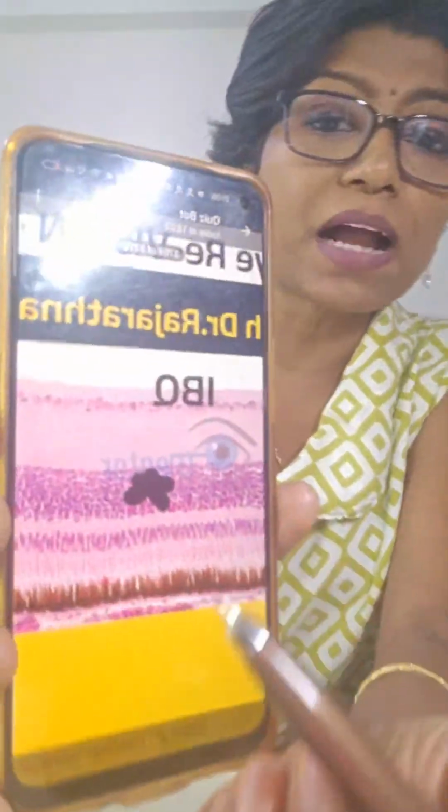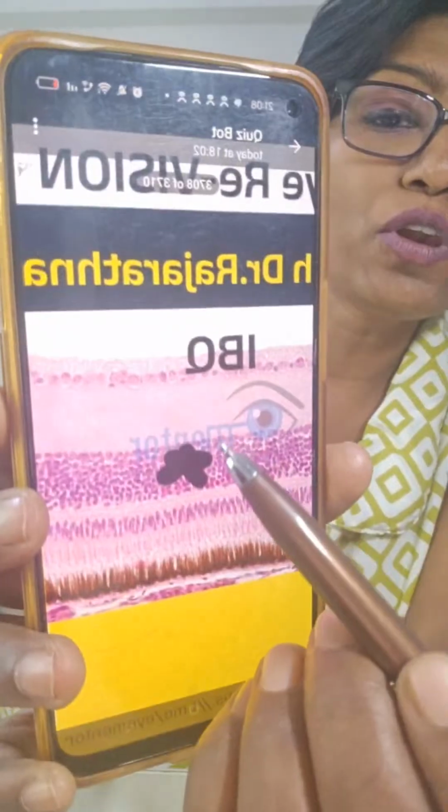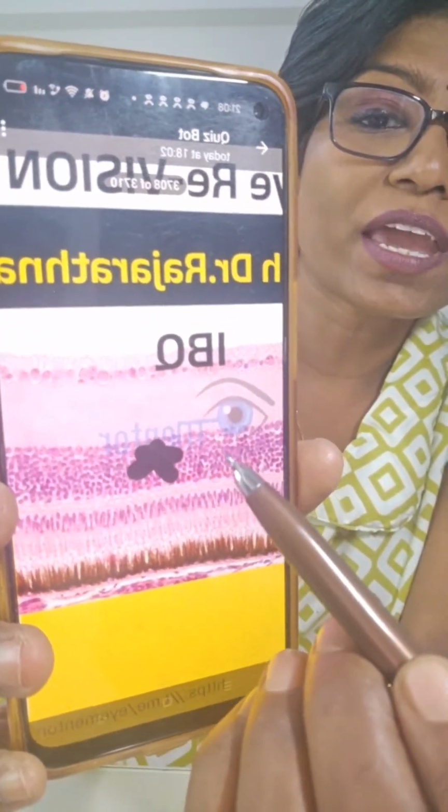So two layers I can simply rule out by looking at where it is marked. The marking is in a layer which is full of cells and nuclei. So it is definitely not a plexiform layer. Plexiform layer has only axons. So ruled out, whether it was an inner plexiform or an outer plexiform, that is ruled out.